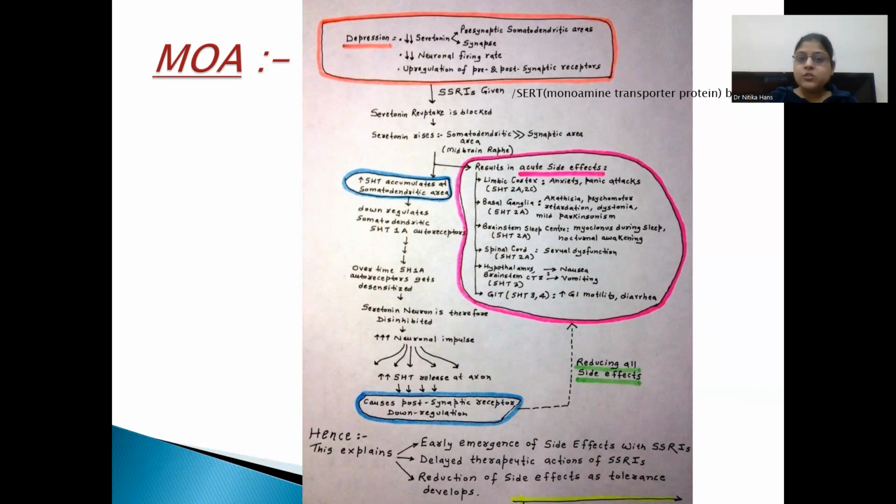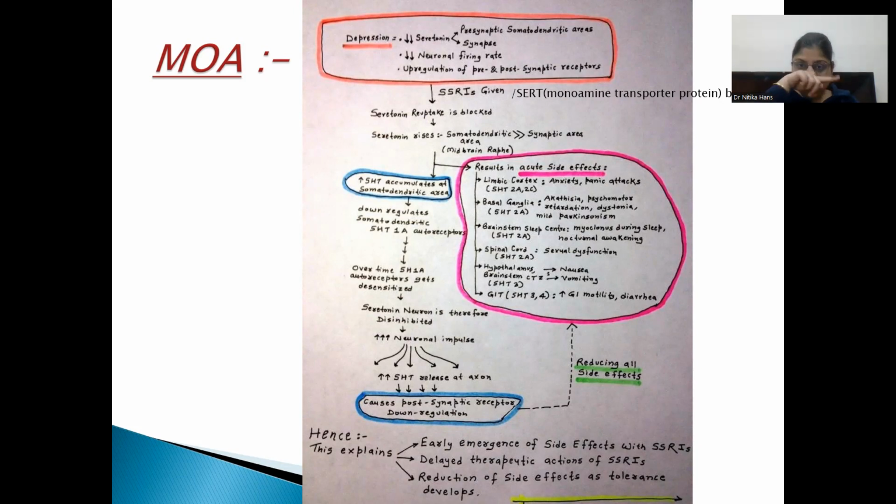Basal ganglia 5-HT2A can cause tremors, rigidity, dystonia, mild Parkinsonism-like symptoms. Brainstem sleep center, it can cause insomnia, nocturnal awakening, myoclonus. In spinal cord, it can cause sexual dysfunction.